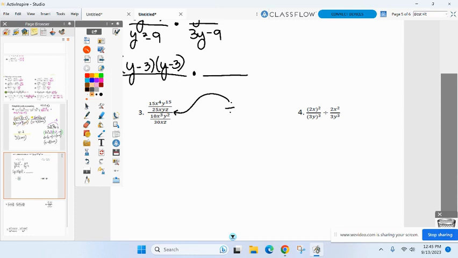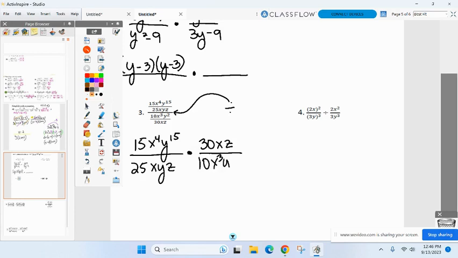So I could still skip and flip. 15x to the 4th, y to the 15th, over 25xyz. What's the division change into? I multiply and I flip the second one. So now 30xz is on top, 10x to the 3rd, y squared is on the bottom.